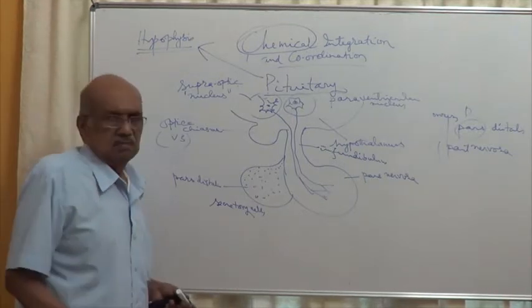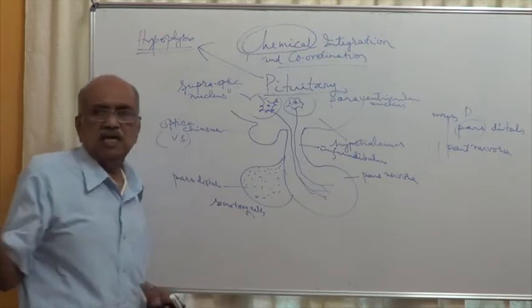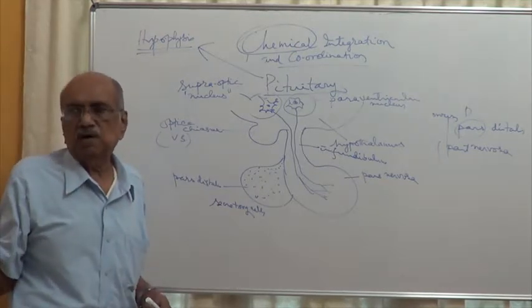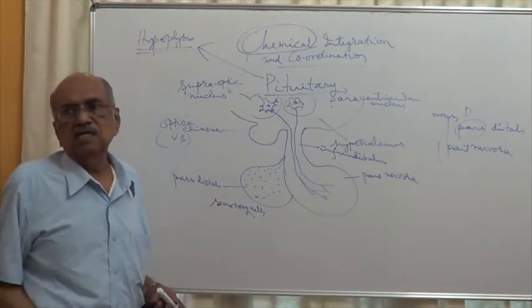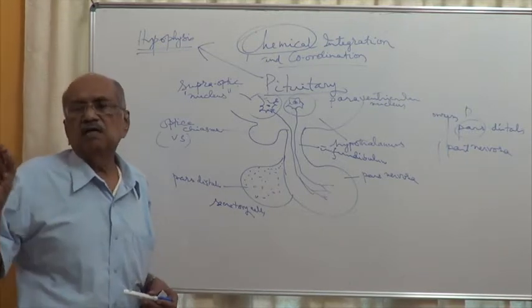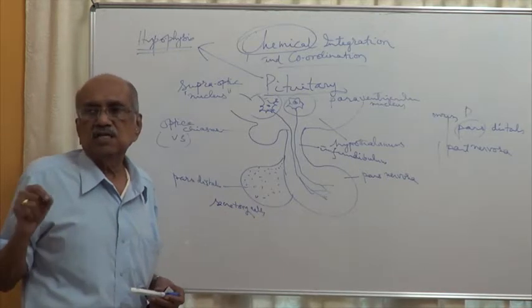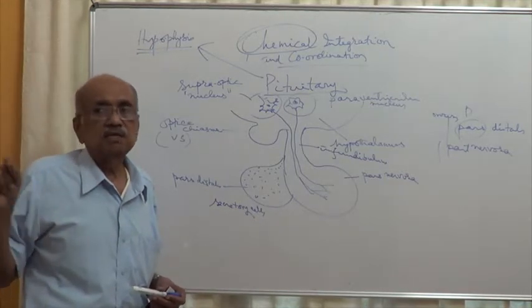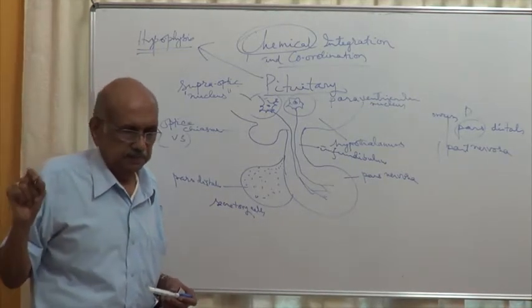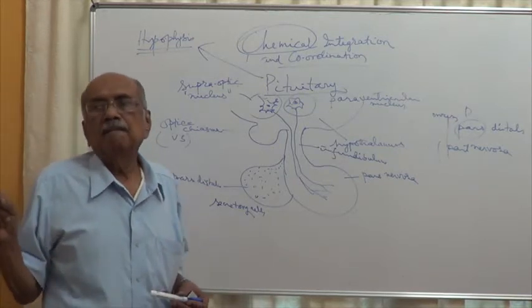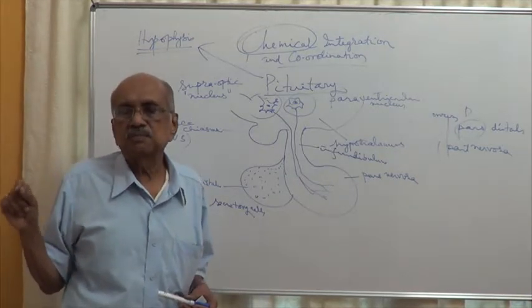Anyway, a section of the pituitary can be examined under the microscope, high power, in the college laboratory, and you can identify different types of cells there if the pituitary has been stained in multiple stains. Mallory's triple.